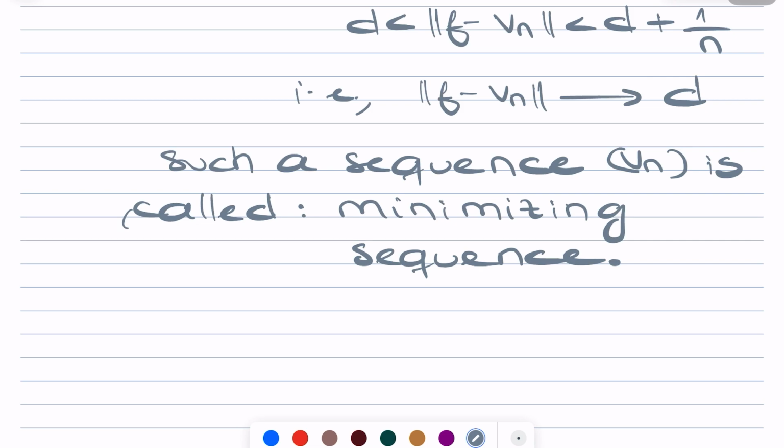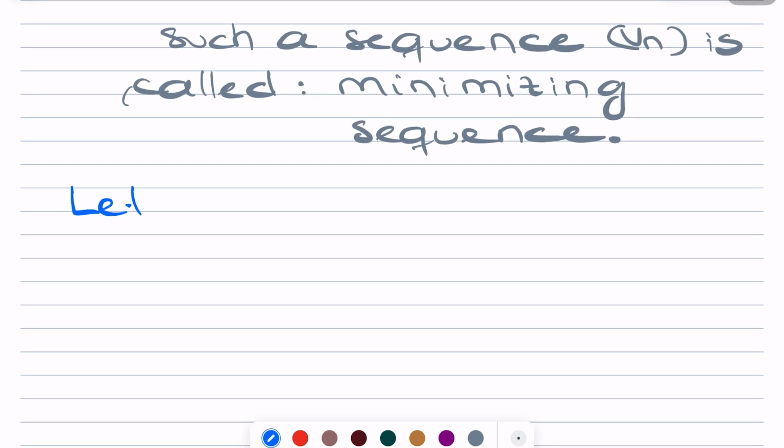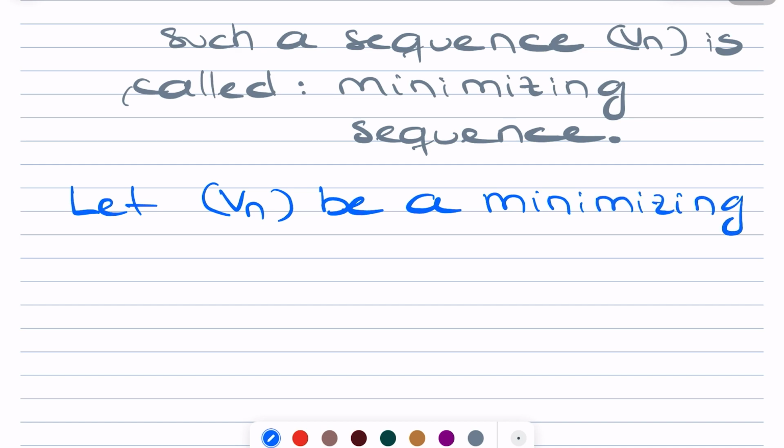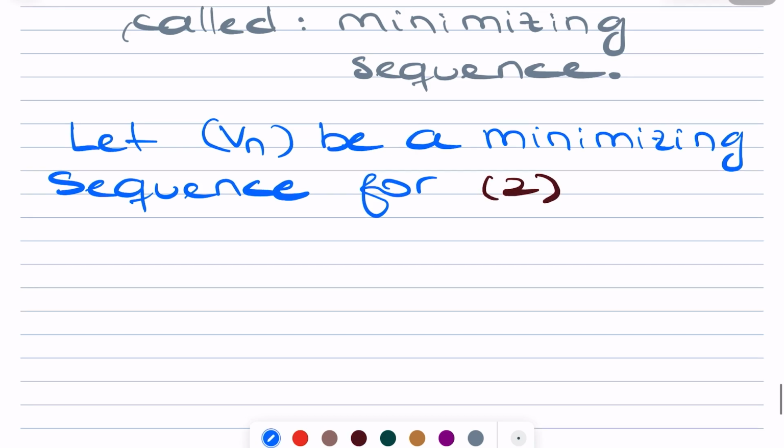This was just to motivate, because I'm going to use it. So let v_n be a minimizing sequence for (2).